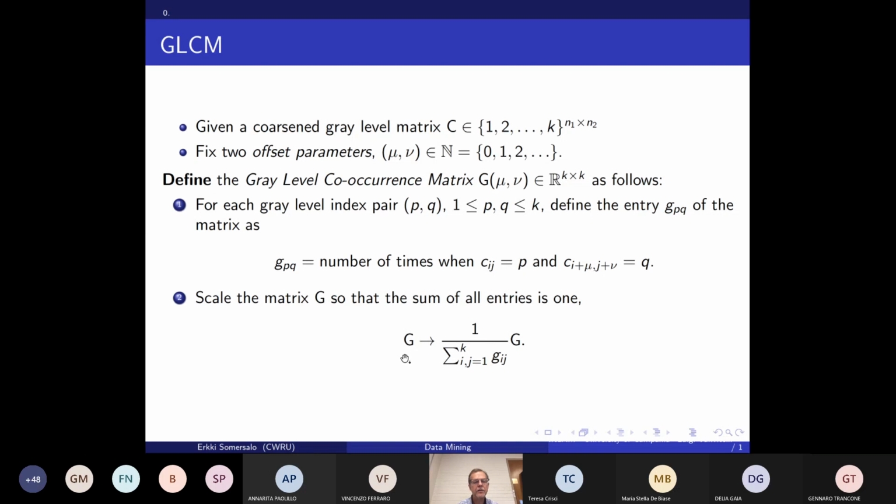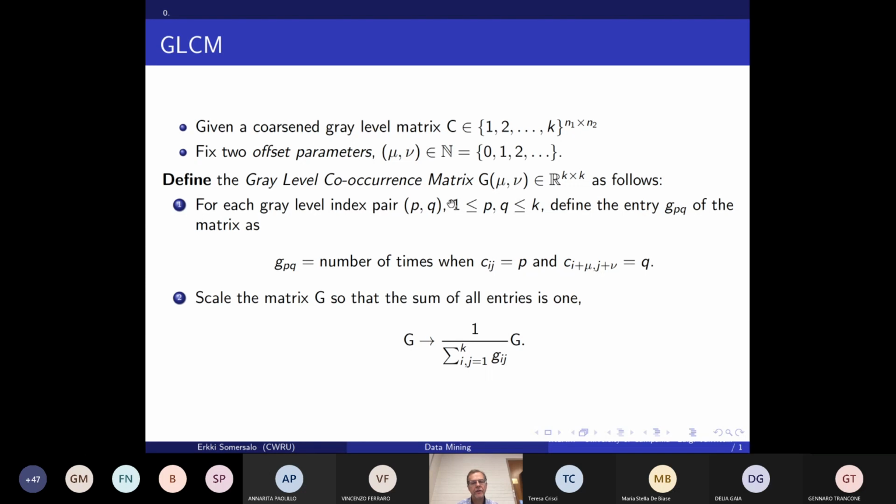And since you may have different sizes of images, in one big image this number may be large, and in a smaller image this number may be small, and so then you normalize your G. So you divide by the sum of all components of your G matrix, and so now you have a normalized matrix G, and that's your gray level co-occurrence matrix.